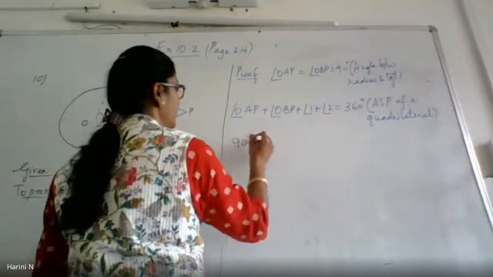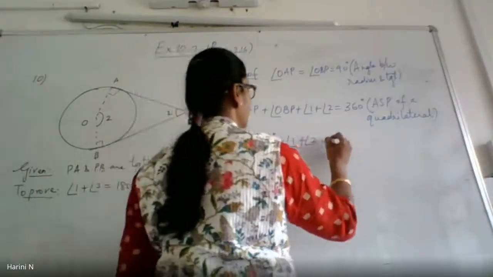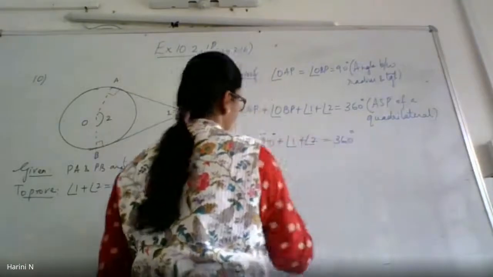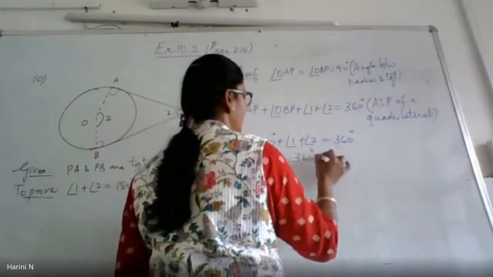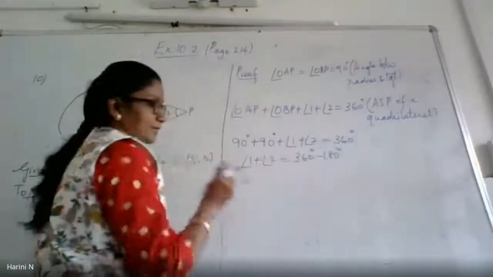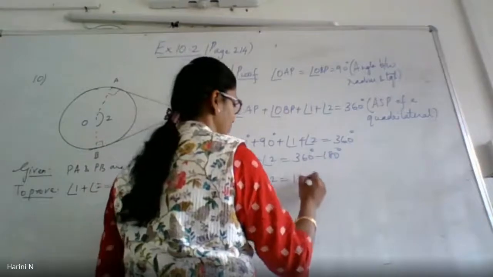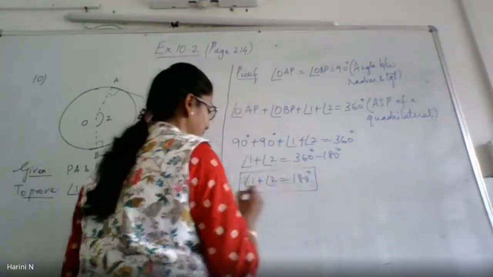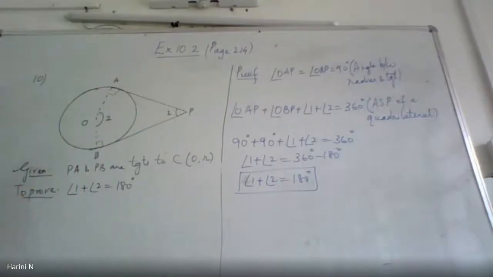So, 90 plus 90 plus angle 1 plus angle 2 is equal to 360 degrees. That means angle 1 plus angle 2 is equal to 360 minus 180, because 90 plus 90 is 180. So, when you take it that side, you will get angle 1 plus angle 2 is equal to 180 degrees, which is exactly what you have to show. You have to show 1 and 2 have become supplementary.